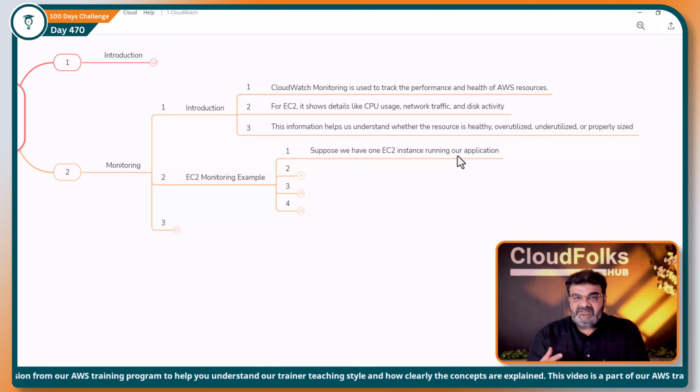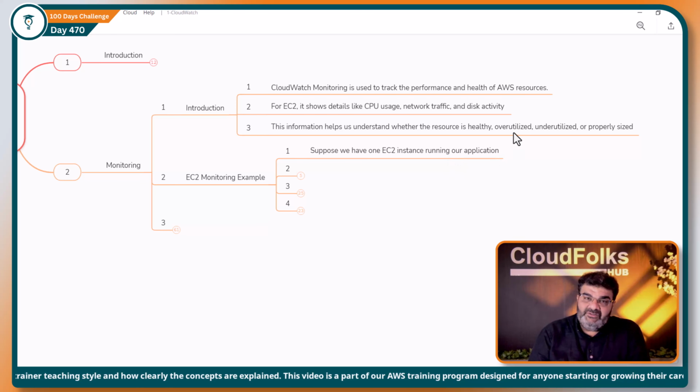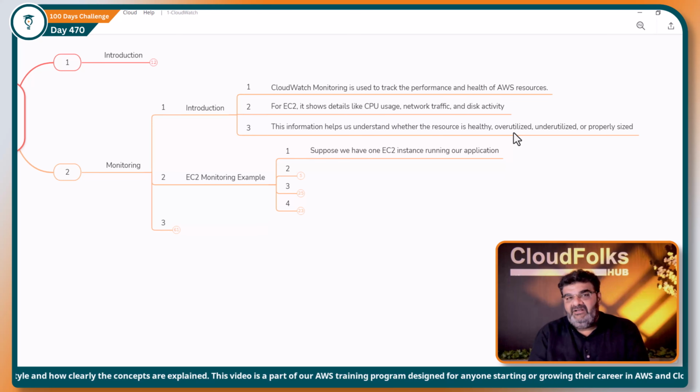If we are just guessing and creating it, there are three possibilities. First, our EC2 instance may be overutilized. Second, it can be underutilized, or by chance, by luck, it can be the right size. But the right-sizing possibility is very low. So we have to monitor our EC2 instance and set up the right size.